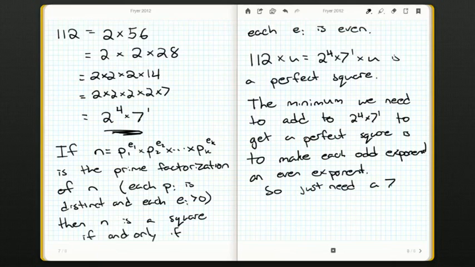Anything less than a 7 is not going to give us a perfect square. Any more 2's is not going to help. We just need at least one 7 to make 7 to the 1 into 7 squared, which is an even exponent. So all we need to do is take u to be equal to 7.